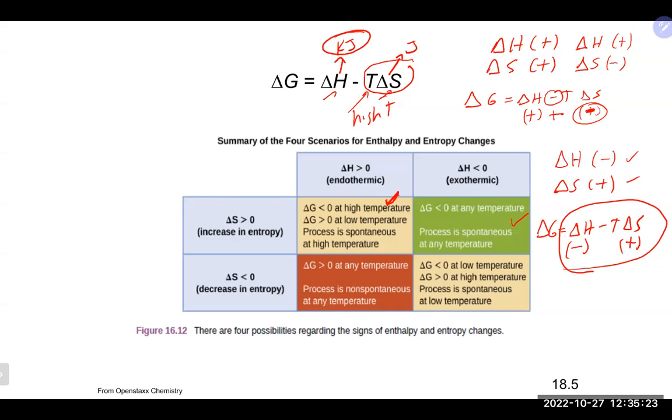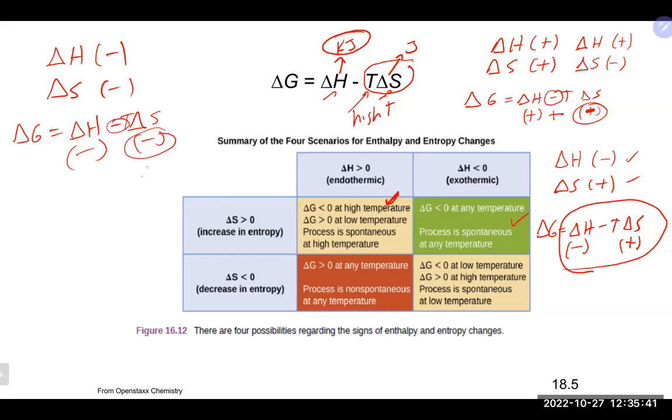The last combination would be if our delta H is negative and our delta S is negative. So once again, looking at our equation, minus T delta S. So this guy's negative, this guy's negative, so this negative and this guy will then turn this side into a positive.